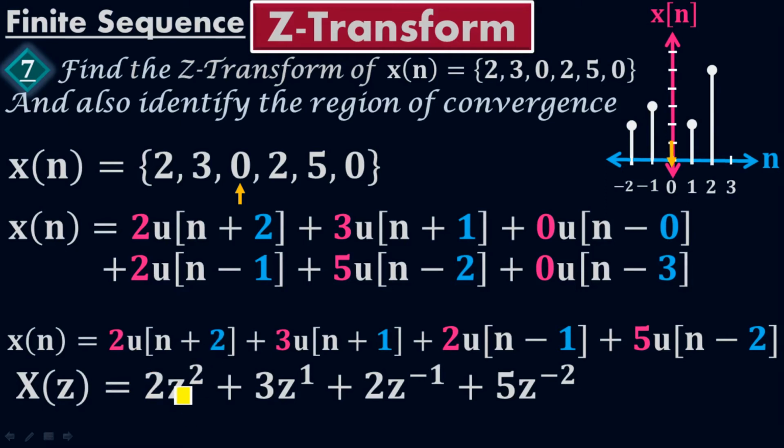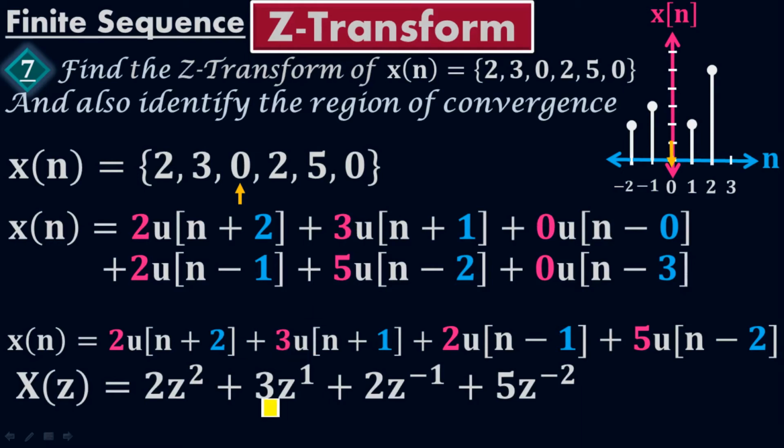Look, as I said, the power of z is z to the negative n. What is my n value? Here for this sample, the n value is negative 2. So when I plug in n equals negative 2, negative times negative 2 will be positive 2. Therefore, I have z to the positive 2 here. Similarly, for this sample, the magnitude is 3.